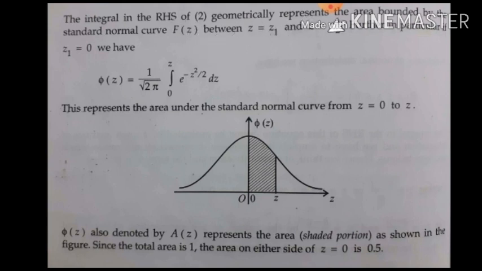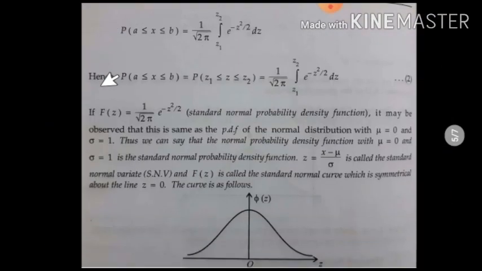z1 to z2. In particular, if I take z1 as 0, what is phi of z? Phi of z means which one have I taken? Equation 2 means this. Yes or no? So instead of writing probability of z varying from z1 to z2, in short you can write phi of z, which represents the notation for area under the normal curve. How is it defined? It is defined in this way.